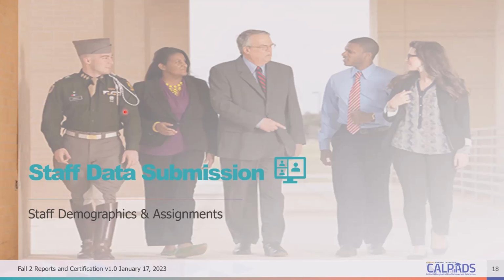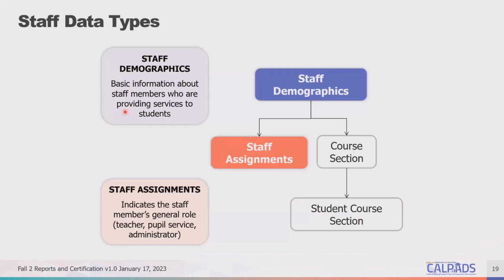So Nate discussed the file types that you are expected to submit for Fall 2. We will delve more into the details of the staff related files, which are the staff demographics and staff assignments. To be able to establish ownership of a staff, you have to submit the staff demographics file.